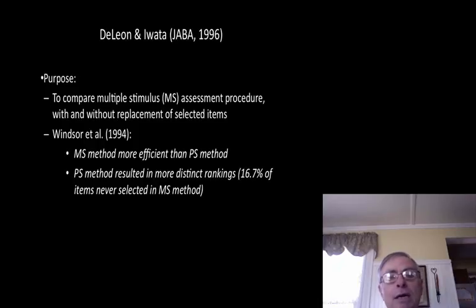DeLeon and Iwata, 1996, published a study to compare multiple stimulus assessment procedure with and without replacement of the item that's selected. Basically, what they mean by the replacement thing is, if you put three things in front of me, a piece of chocolate candy, a piece of orange, and a piece of banana, and you say pick one, and I pick the chocolate candy.